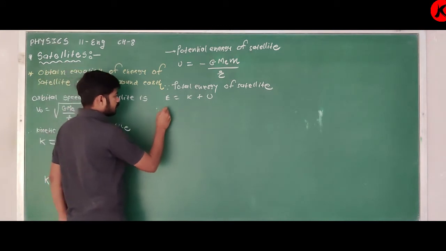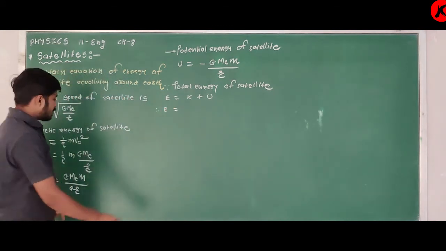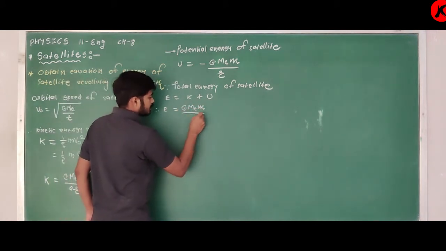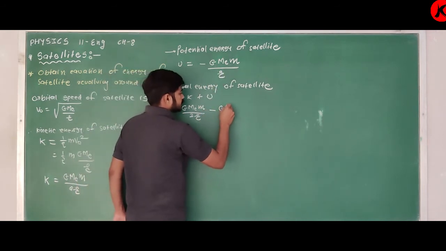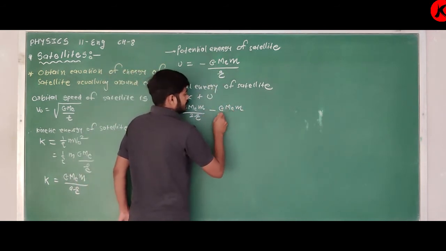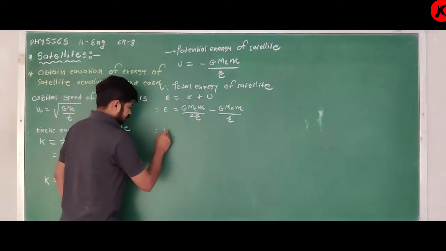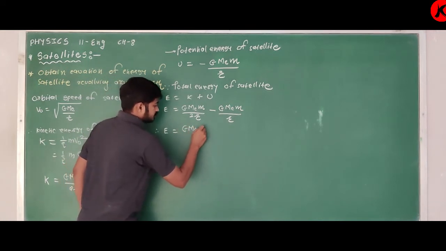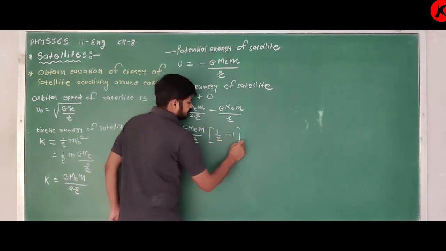So E is equal to K, that is G Me m upon 2r, and potential energy is minus G Me m upon r. So therefore E is equal to, if you take G Me m upon r common, here you have 1 by 2 minus 1.